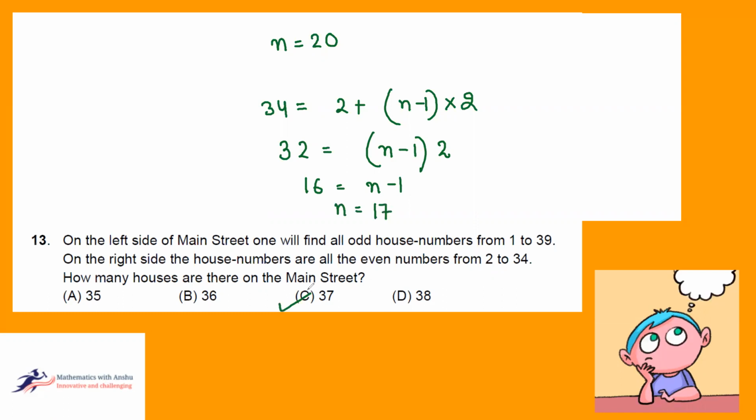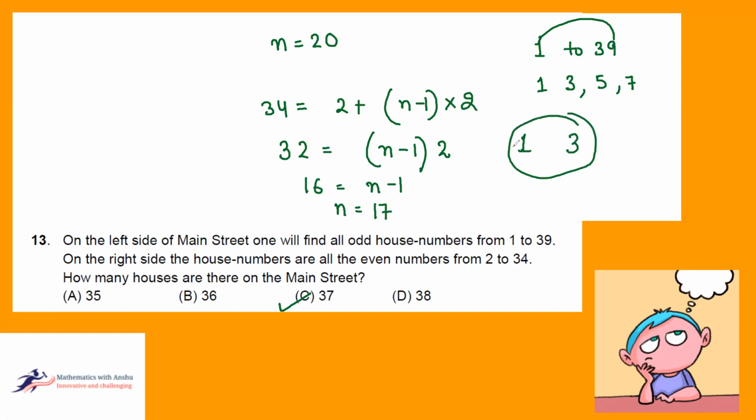So here 37. But we can also do it mentally. From 1 to 39, how many numbers? Because we have only the odd numbers, add the first and last numbers and divide by 2.